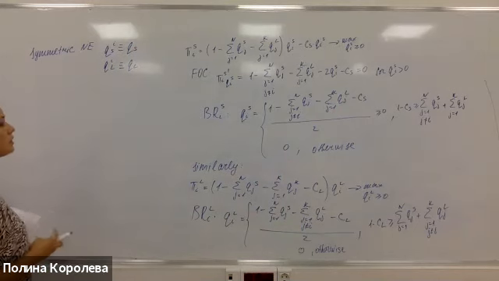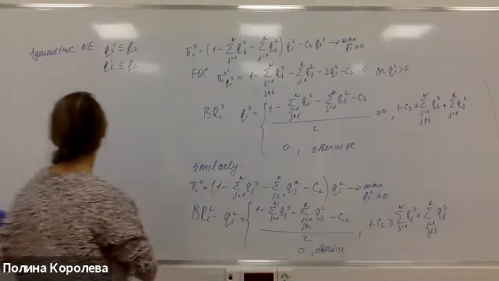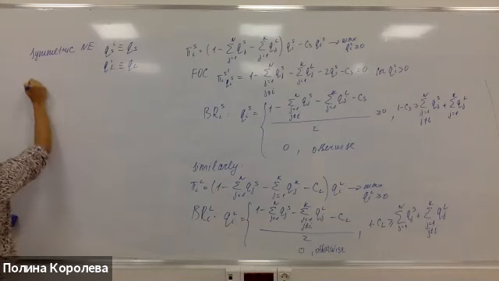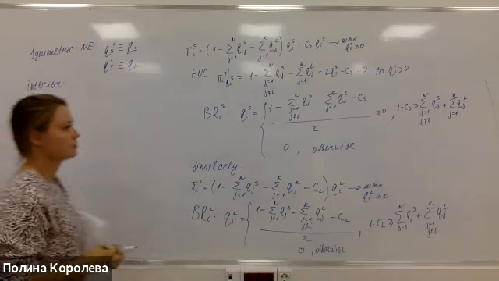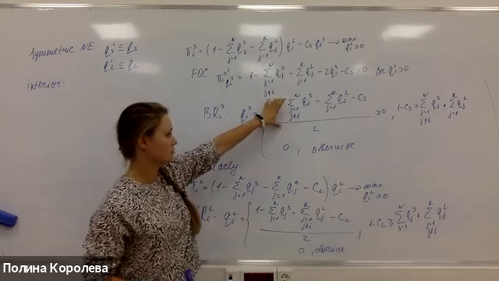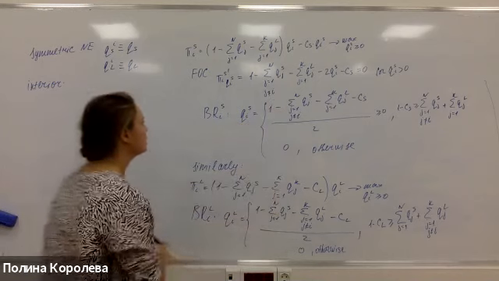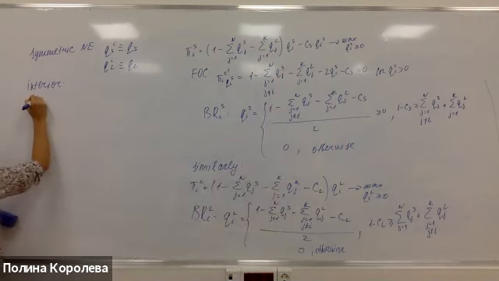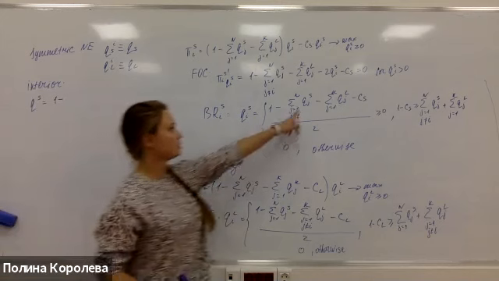Let's write down the interior solution, when each firm produces something greater than 0. For the interior solution, we should take only these parts, not 0. So the quantity of a small firm is equal to 1 minus this sum.